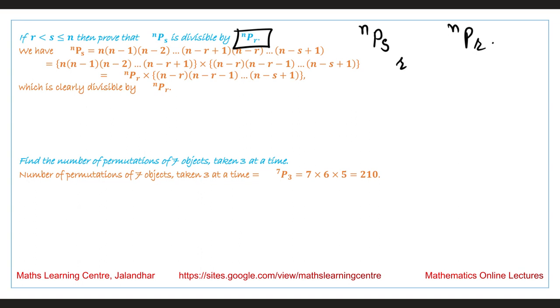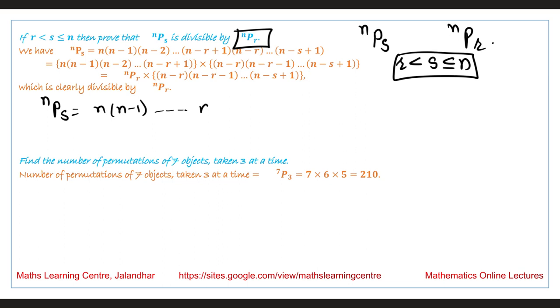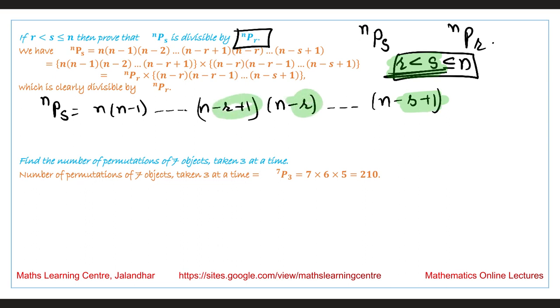So if we talk about the value of nPs, that is equal to n into n minus 1, so on up to n minus r plus 1, n minus r, so on up to n minus s plus 1, because it is given that s is greater than r. So there must be a number r before s, and we are writing the terms in this form.